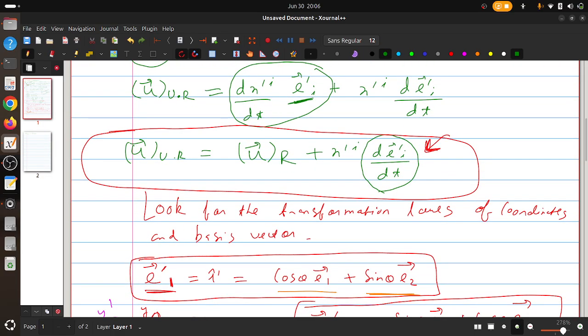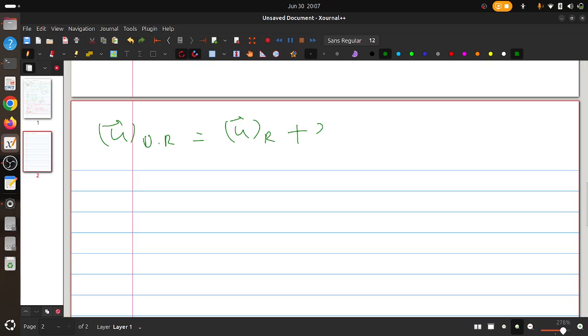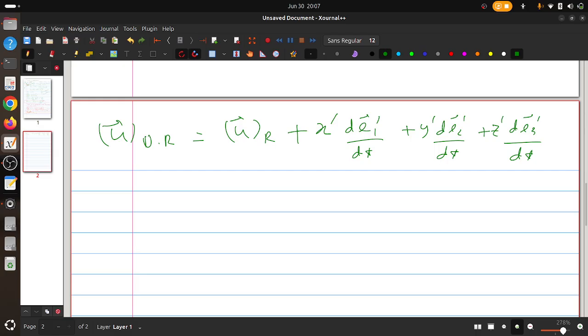So it is x prime i e i, so we have to sum over i. Basically that is saying x prime d e1 prime by dt plus y prime d e2 prime by dt plus z prime d e3 prime by dt, right? So here we continue writing.